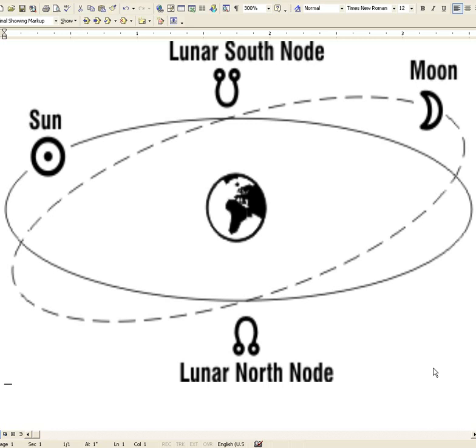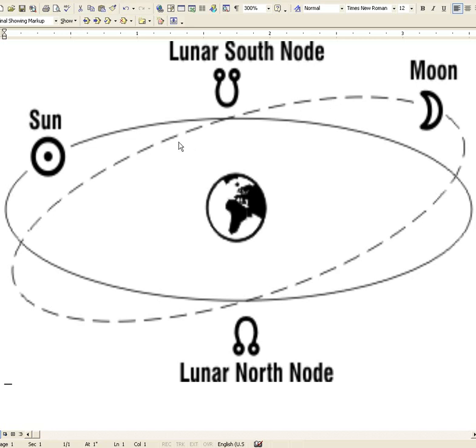Very important. In this diagram, we talked in the last lesson about the sun and the earth and how it traces out the ecliptic. This solid line that the sun is tracing out is known as the ecliptic. As you are hopefully aware, the moon also revolves around the earth.